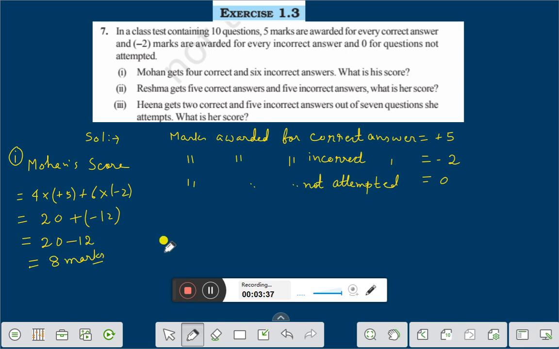Right? Now question number 2. Question number 2 is, Resma gets 5 correct answers and 5 incorrect answers. What is her score?